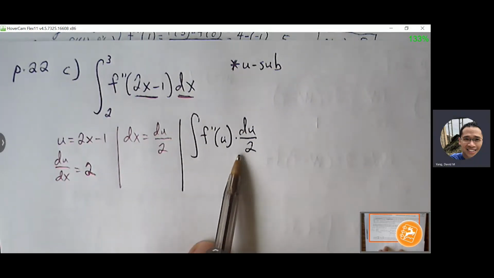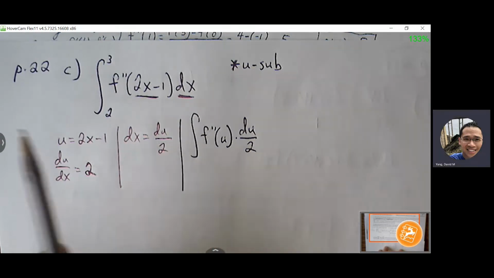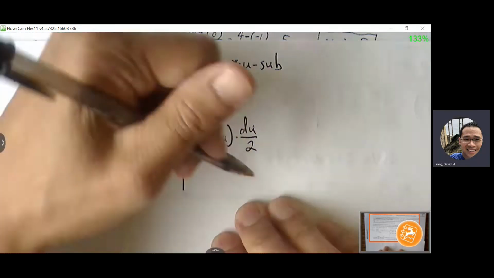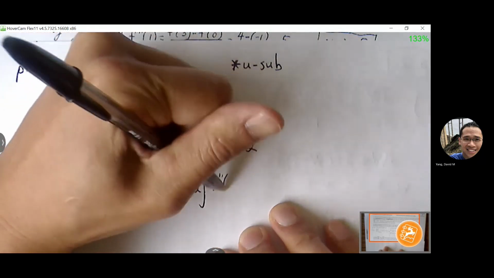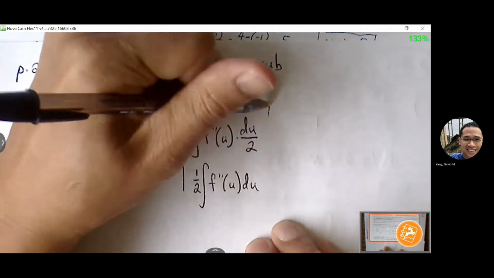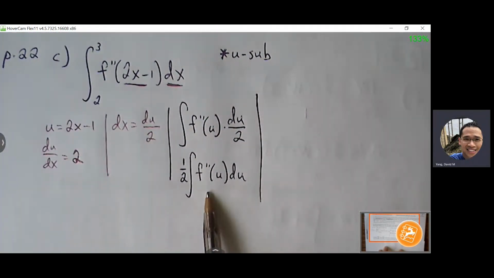There's going to be a 1/2, yep. Push that 1/2 out in front. Okay, apply first theorem. You know f double prime is going to rise up to f prime.